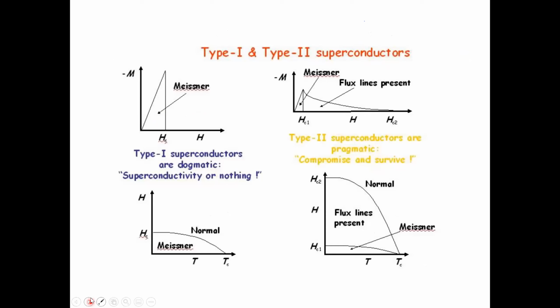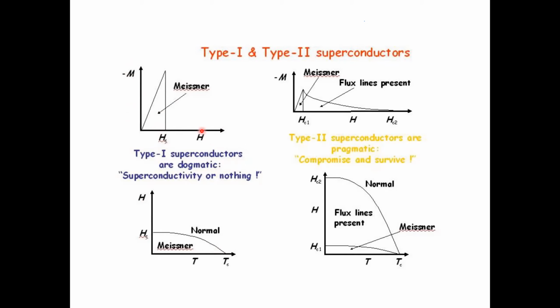Okay, now I'm talking about type 1 and type 2 superconductors. And here we plot magnetization versus applied magnetic field for type 1 and type 2. For type 1, you see these two graphs. This is M versus H, and this is H versus T. Right here, if you see minus M, that means it's a diamagnet. Remember that?